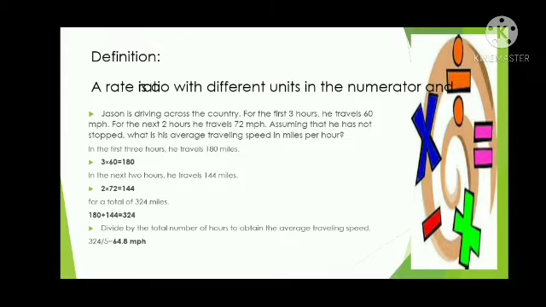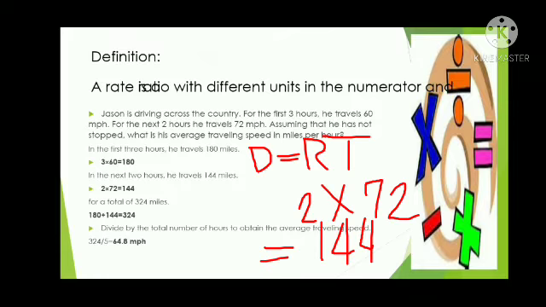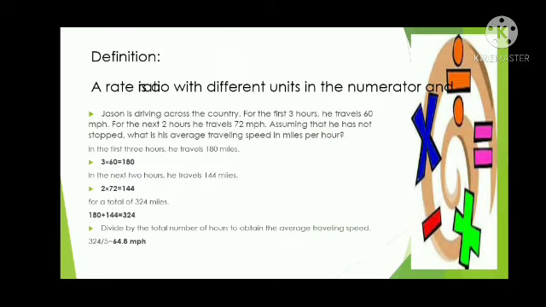Okay, in the next 2 hours, ilan naman yung distance niya? Distance equals rate times time pa rin. So 2 hours times the given rate, which is 72 miles per hour. The result is 144 miles.